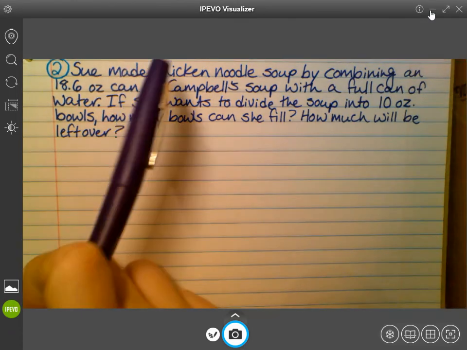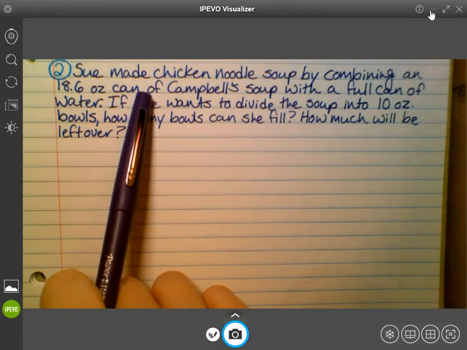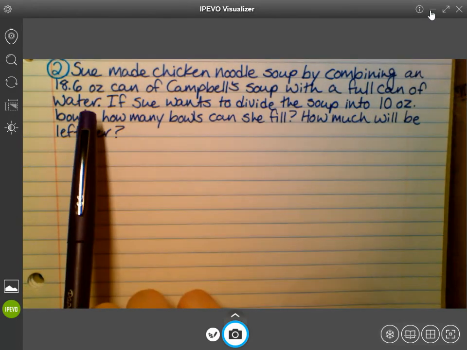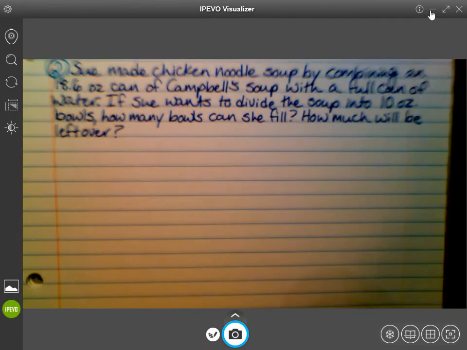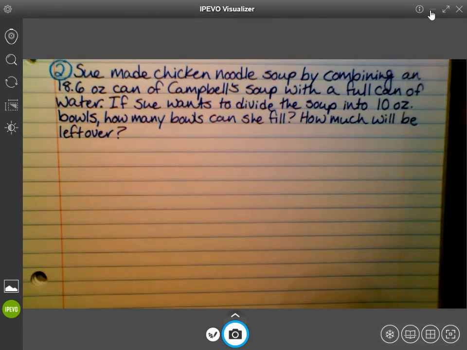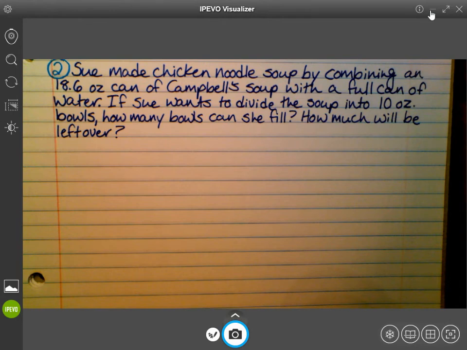Sue made chicken noodle soup by combining an 18.6 ounce can of Campbell's soup with a full can of water. Those of you who have made Campbell's chicken noodle soup or some kind of soup before know you open up that can, you pour the soup that's inside into a pot, then you fill that same can up with water or milk and pour that into the pot as well.